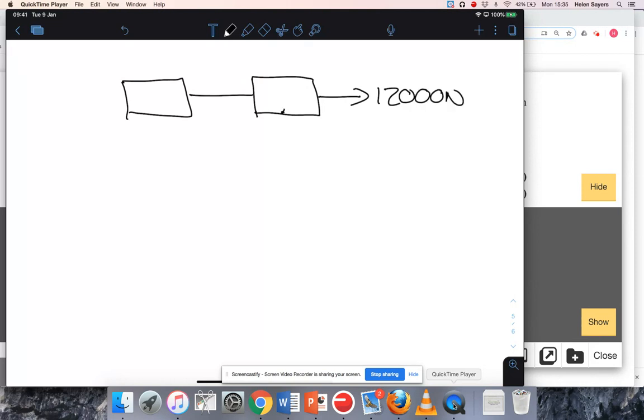This is my train engine, which has a mass of 6,400 kilograms. The carriage has a mass of 1,600 kilograms. There's tension in the shunt, and because it's light, those two values of tension will be the same.